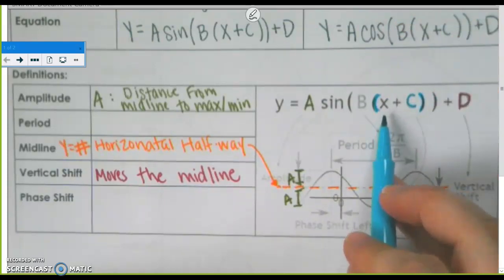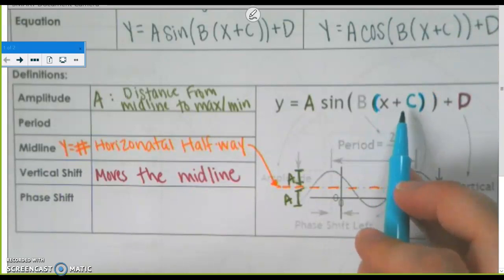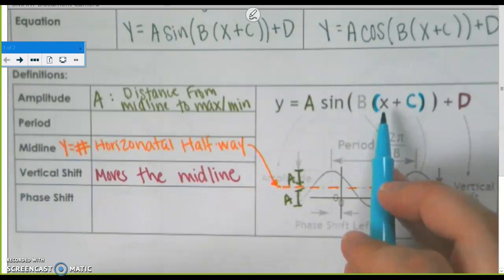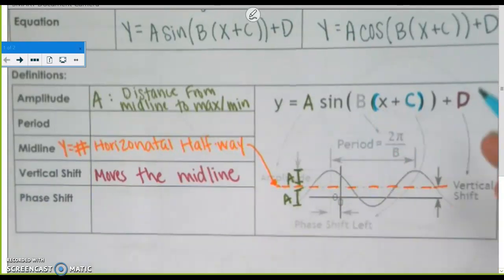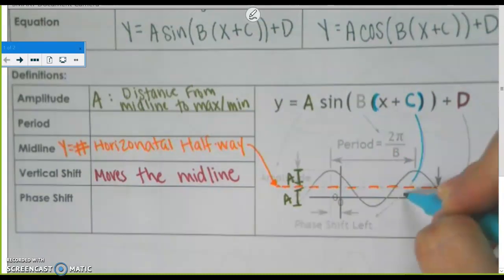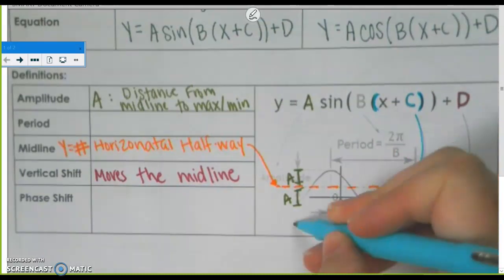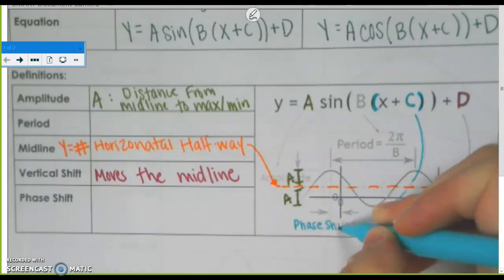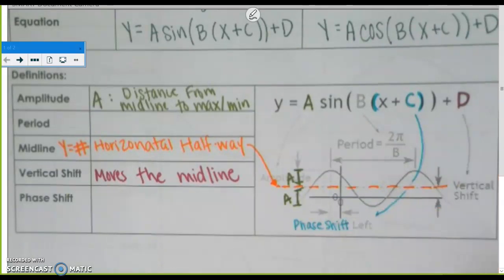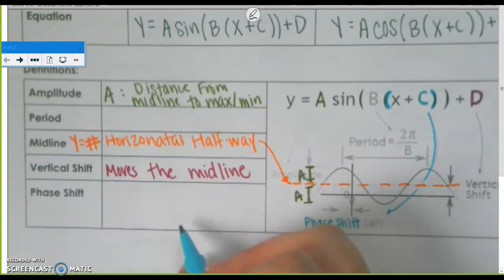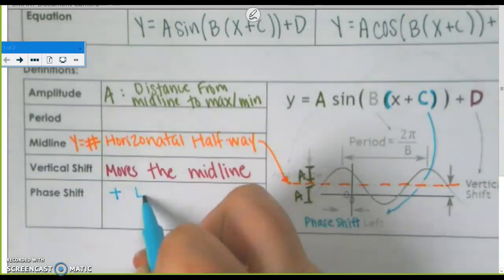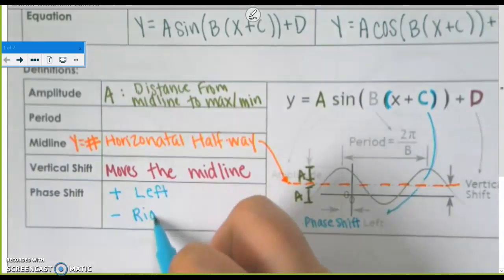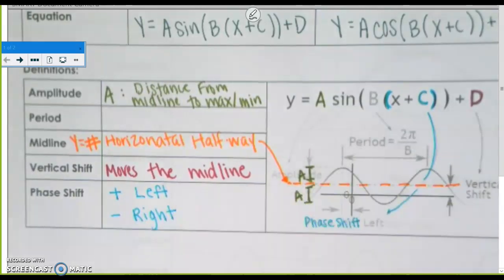So you can only tell me a left shift and a right shift if there's nothing in front of the x. So that C, that arrow that is going down here, that is your phase shift. And if it's plus, it moves it to the left. If it's minus, it moves it to the right.